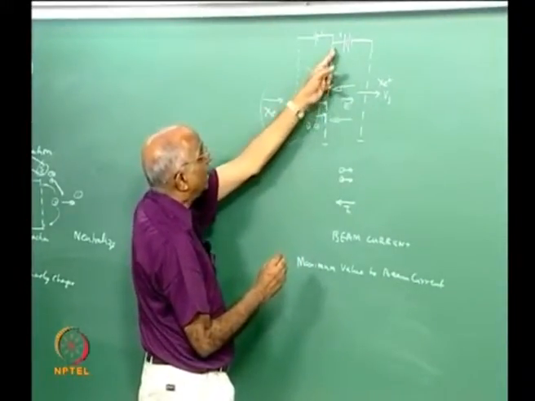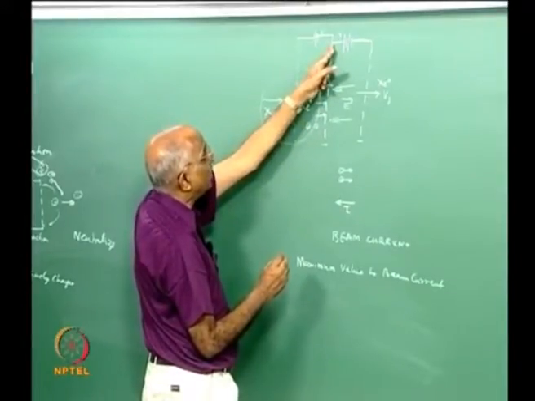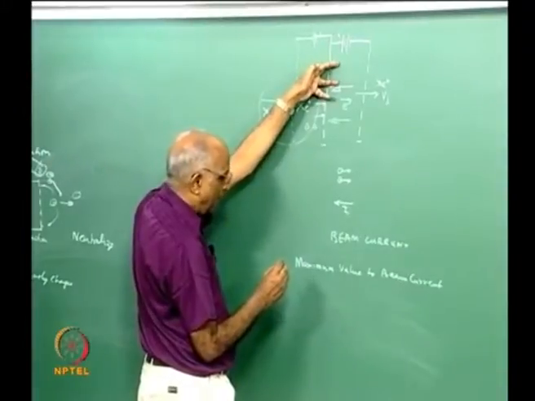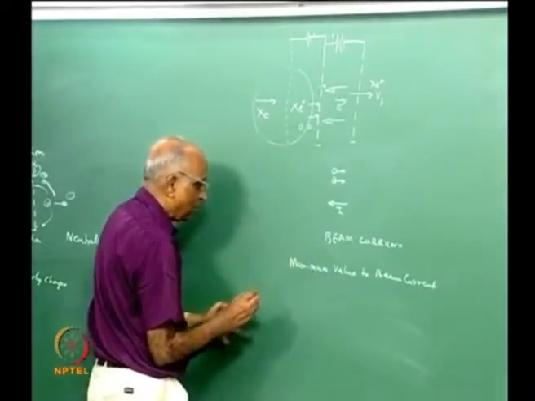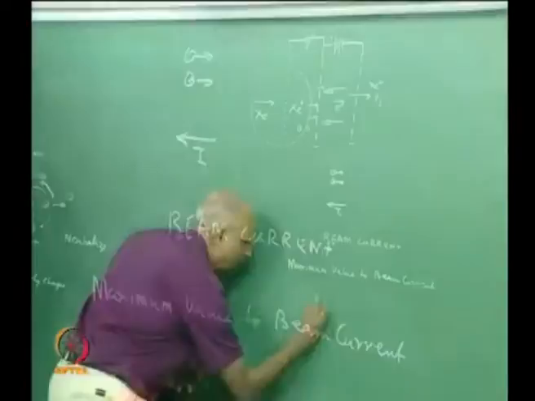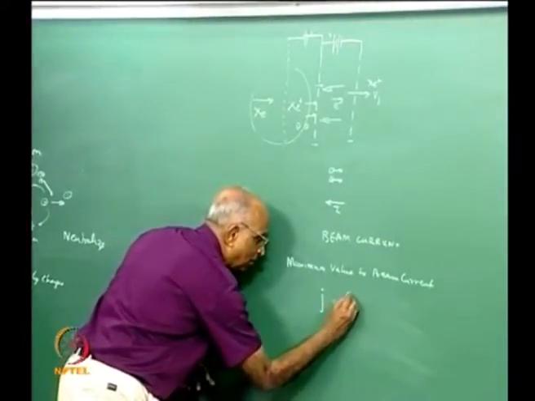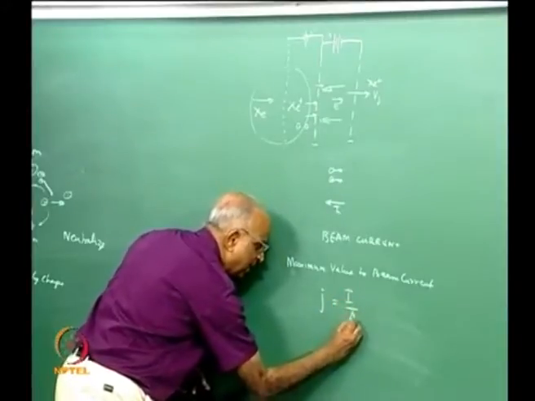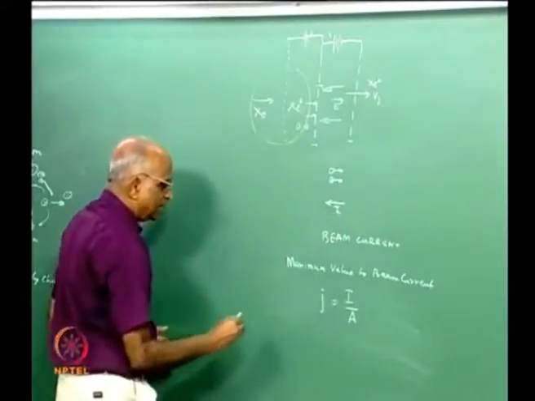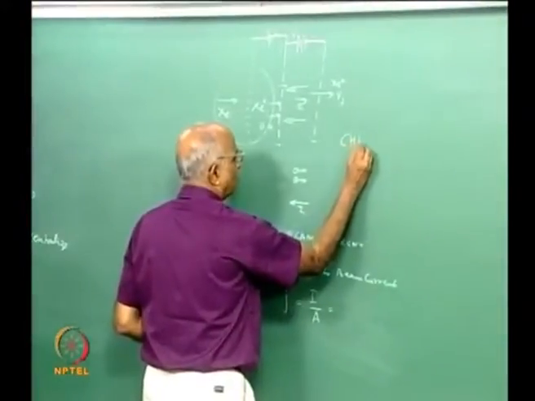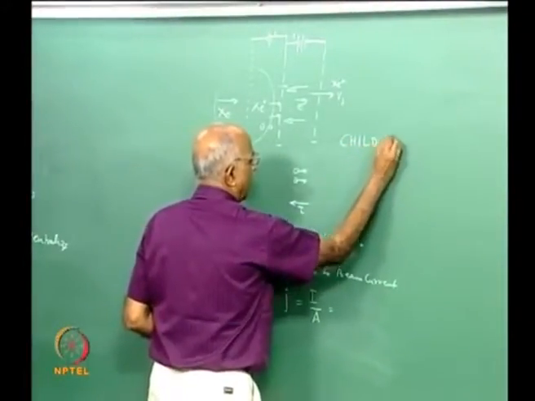That current will ensure that I do not have sufficient negative voltage to extract the positive charges here, and therefore there is a threshold value. This maximum beam current is given by the current density J, which is equal to beam current divided by the area of cross section, and this is given by a law known as Child's law, Child-Langmuir.